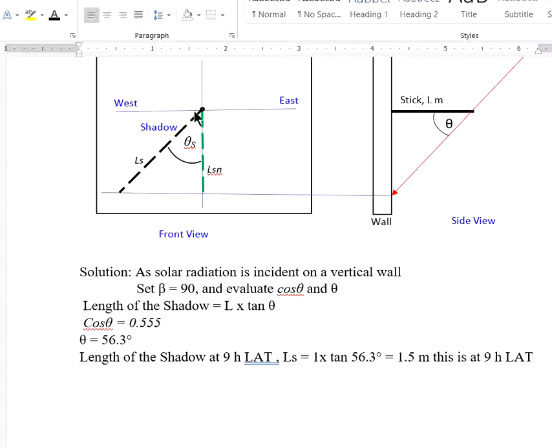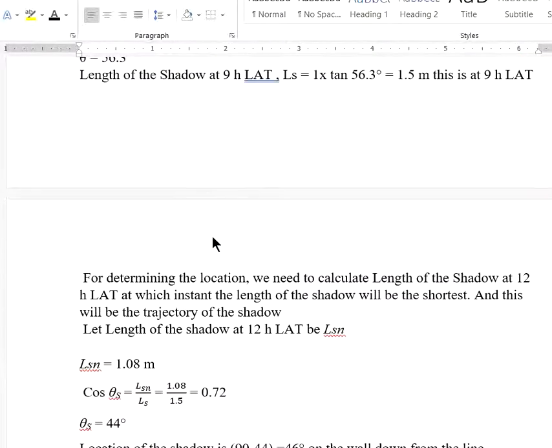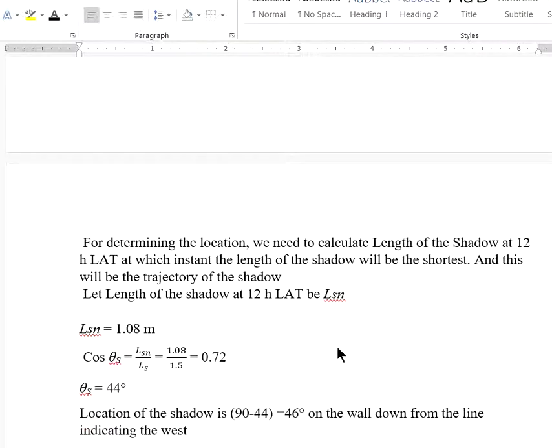So for locating the direction of the shadow, we need to find the shortest length of the shadow, which will be experienced at the solar noon. So the first step is determining the shadow length at 12 hours LAT. How to find 12 hours LAT?